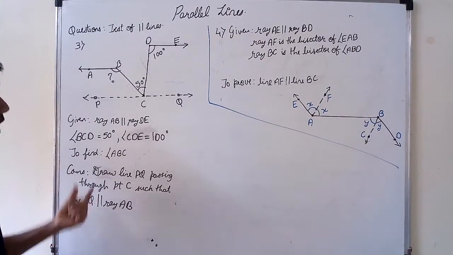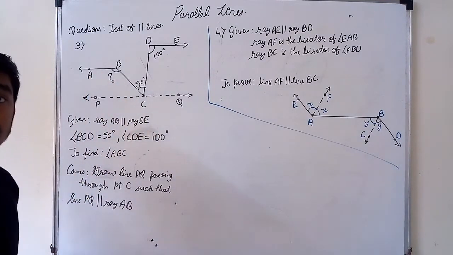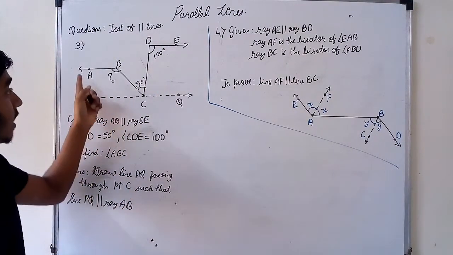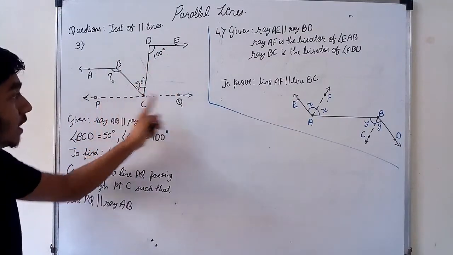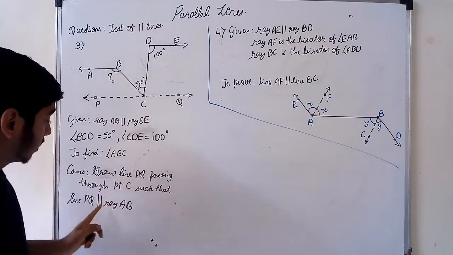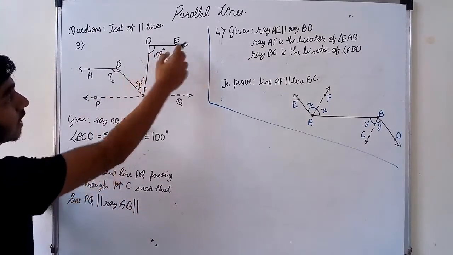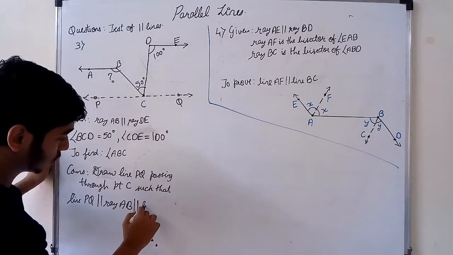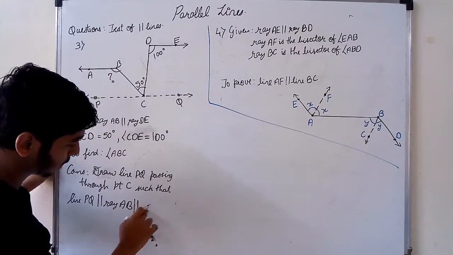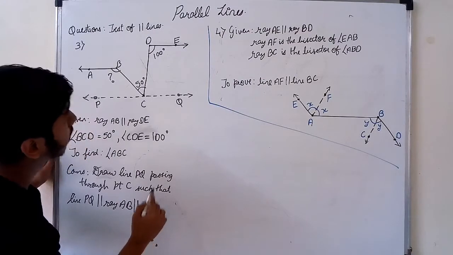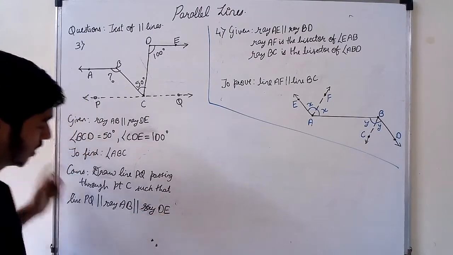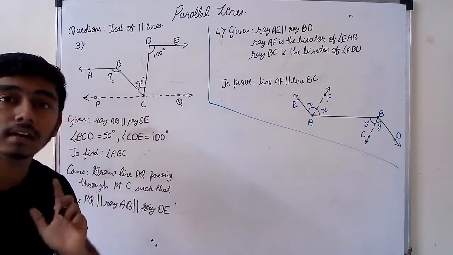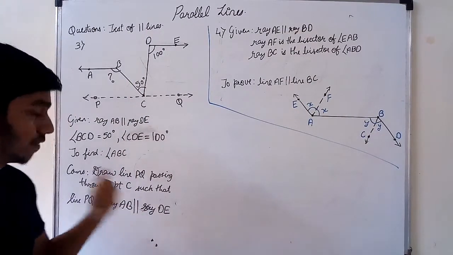Also, AB is parallel to DE. If AB is parallel to DE and PQ is parallel to AB, then we can say that all three lines are parallel to each other. That means PQ is parallel to DE also. So it can be written like this, that DE, AB and PQ all three are parallel. Correct?